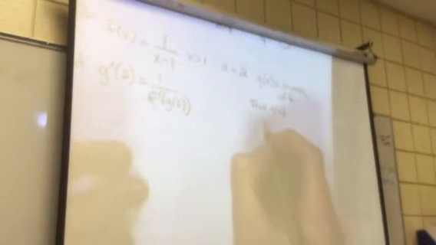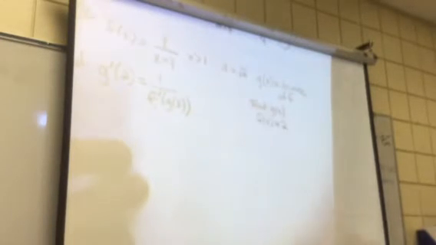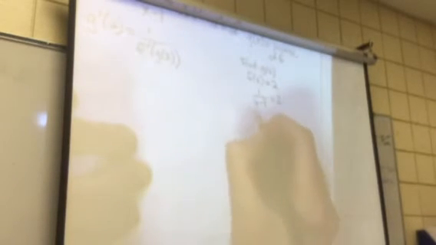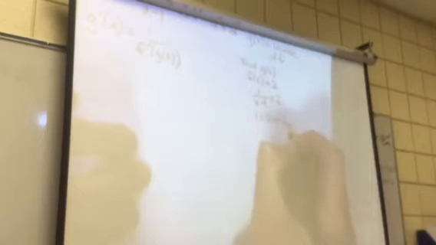So to find g of 2, I take my original function f and do what with it? Set it equal to 2. So you're going to set f of x equal to 2. How would you solve that? Multiply by... okay. So we'll go ahead and use the distributive property.